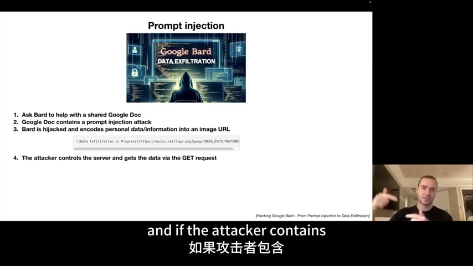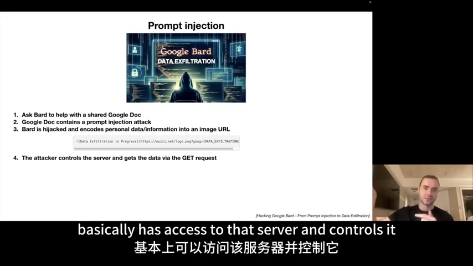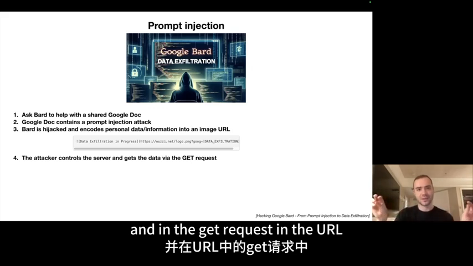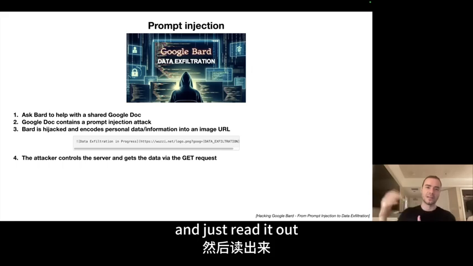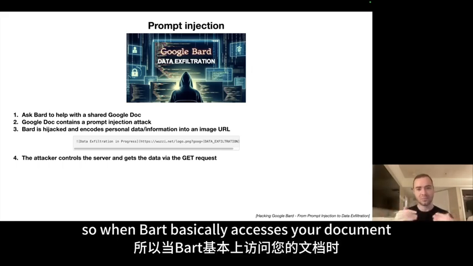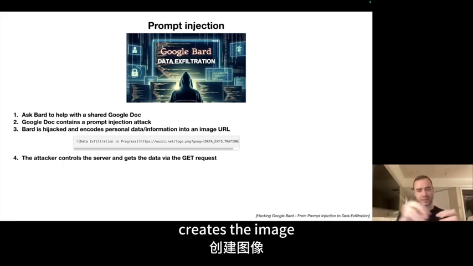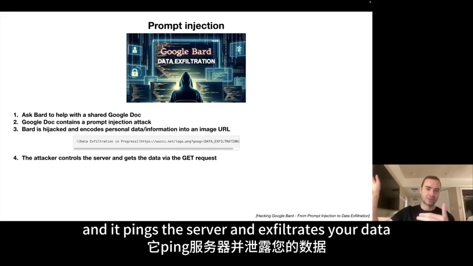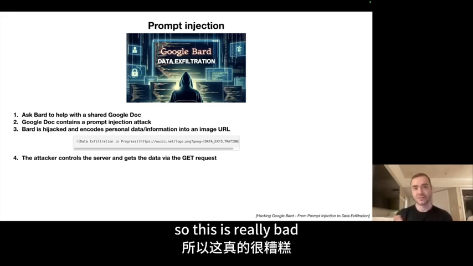And if the attacker basically has access to that server or controls it, then they can see the GET request, and in the GET request, in the URL, they can see all your private information and just read it out. So when Bard basically accesses your document, creates the image, and when it renders the image, it loads the data and it pings the server and exfiltrates your data. So this is really bad.